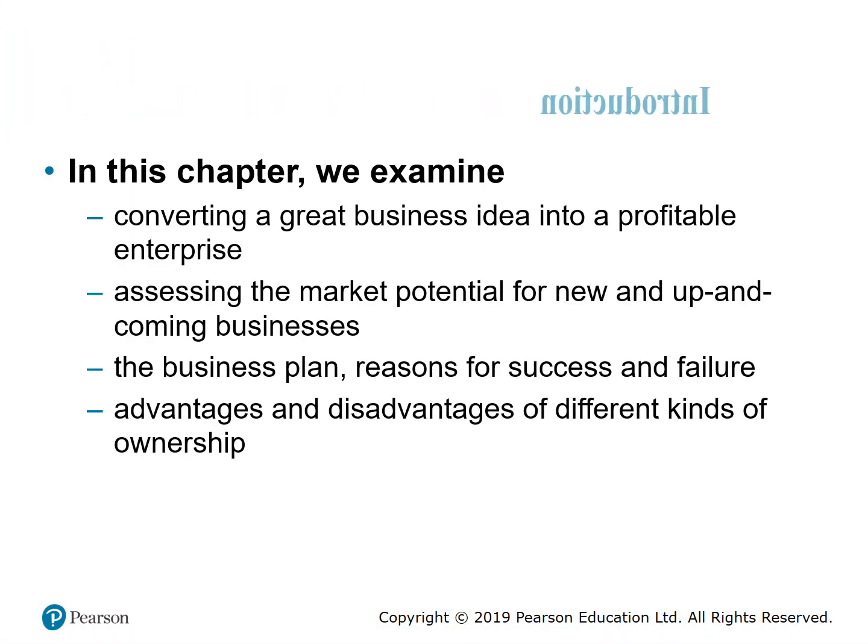So basically, in this chapter we'll take a look at what a small business is, the importance of small business, popular areas of small business, entrepreneurship, the goals of entrepreneurship, and the characteristics of entrepreneurship.